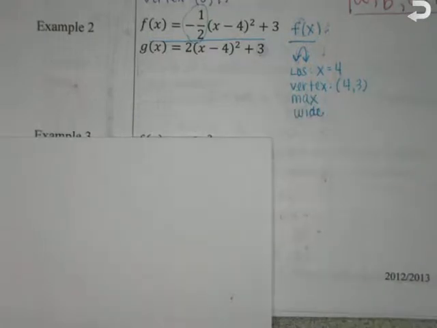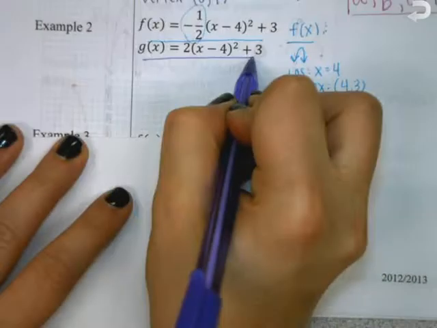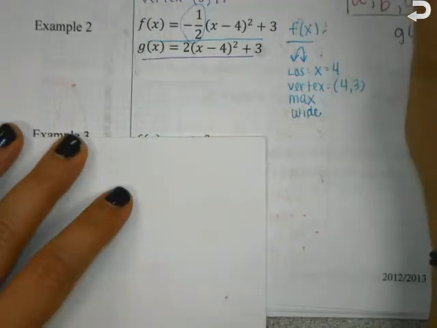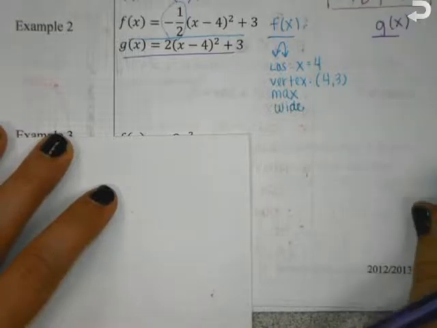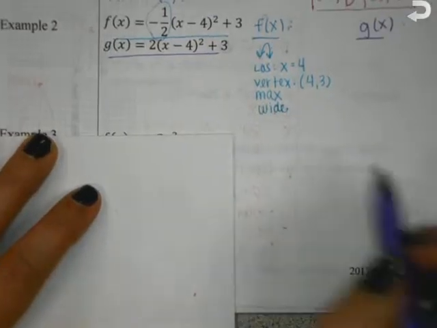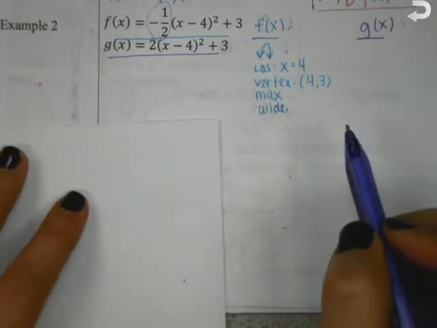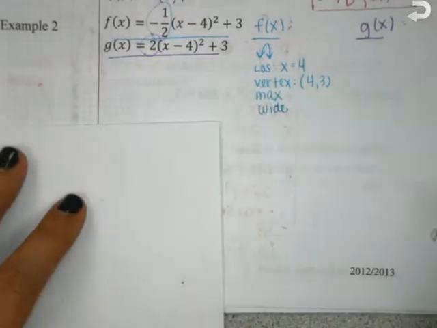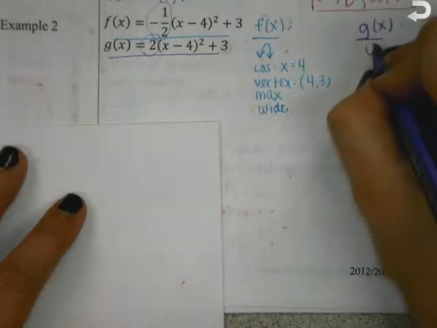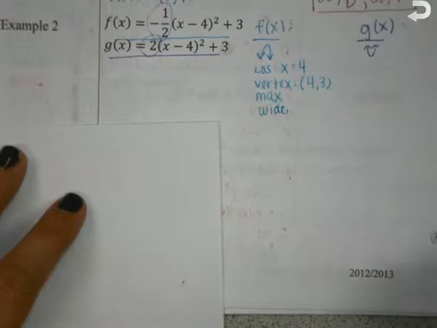So let's look at g of x. So this was my ideal. I just ran out of room up top. I really would like to have them listed side by side. G of x, is it opening up or down? It's a positive 2, so it's opening up. What's the line of symmetry? X equals what?